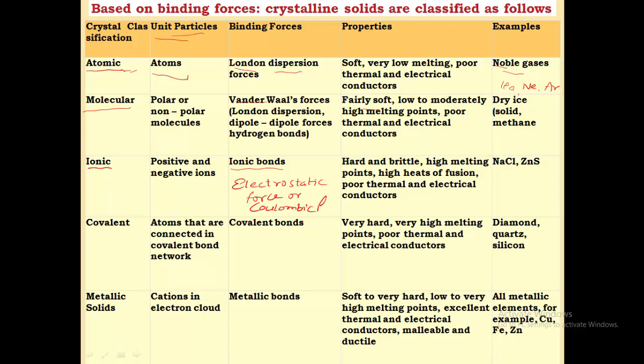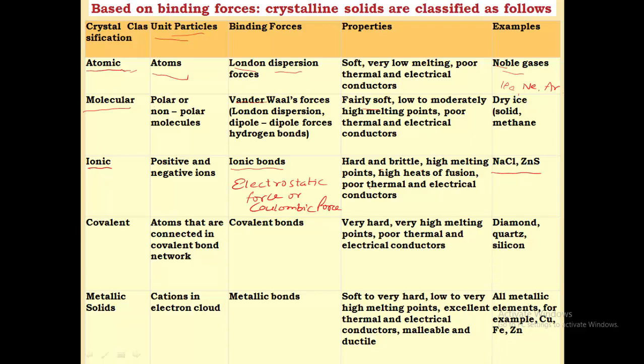So you can remember that electrostatic force or coulombic force is present between ions. When we look into the properties of these ionic solids, they are hard and brittle, with high melting points, high heats of fusion, and poor thermal and electrical conductors. Examples are NaCl and ZnS.